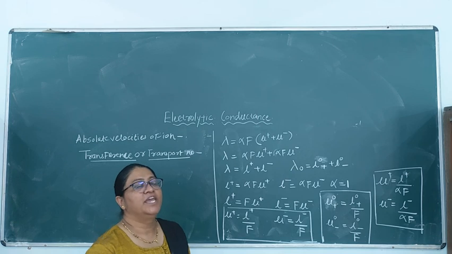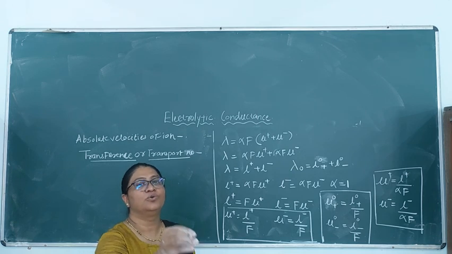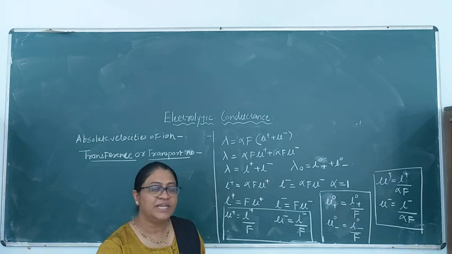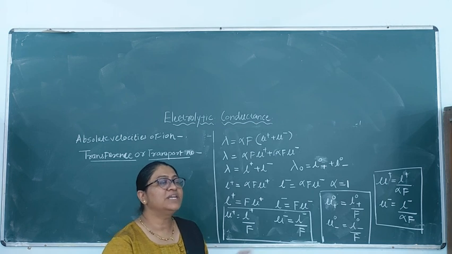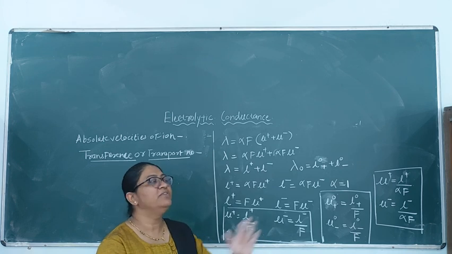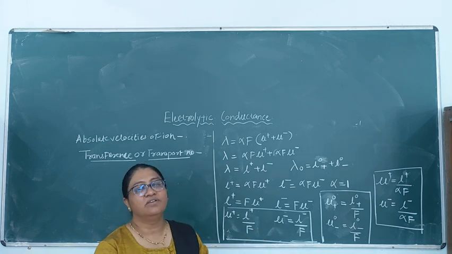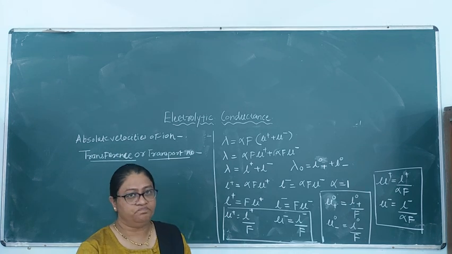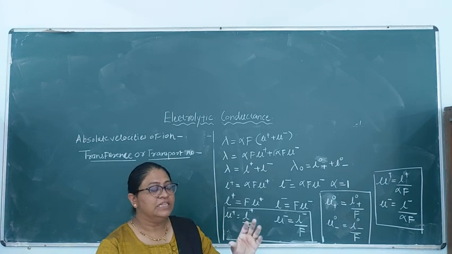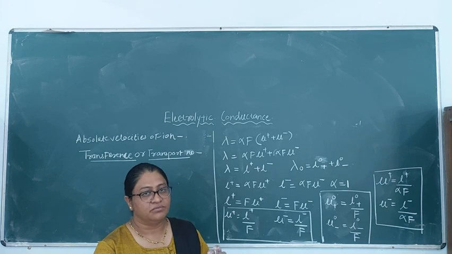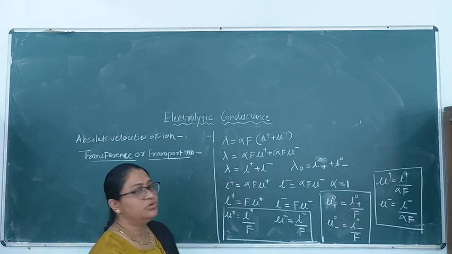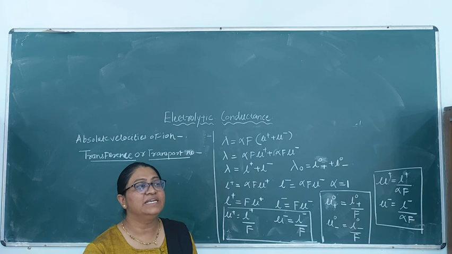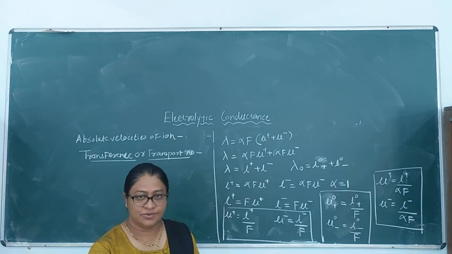That means every ion contributes to the total conductivity. The share of the positive ion and the negative ion are added, and we get the total equivalent conductivity for the electrolyte. The transport number we are talking about is related with the speeds of the ions.